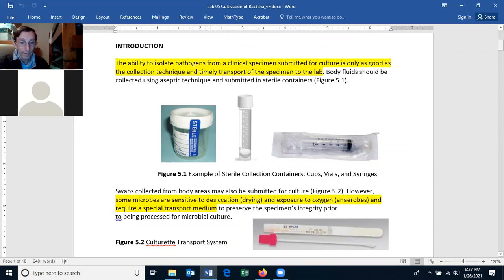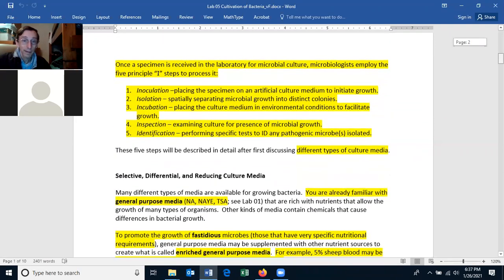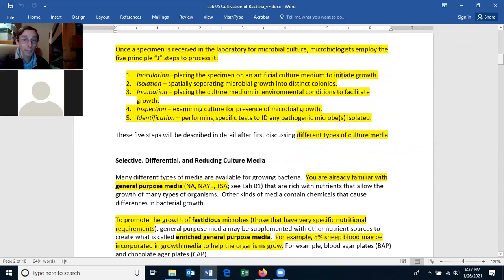Some microbes are sensitive to desiccation, drying out, and exposure to oxygen, anaerobes in particular, and require special transport medium to preserve the specimen. Once a specimen is received by a laboratory for microbiological culture, microbiologists employ the 5 principal steps to process it.